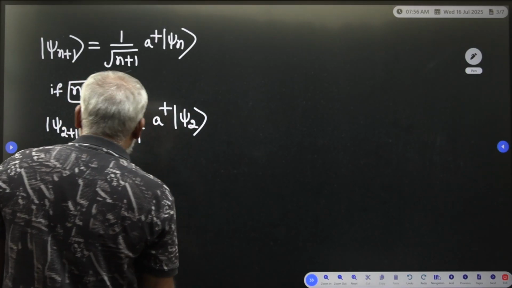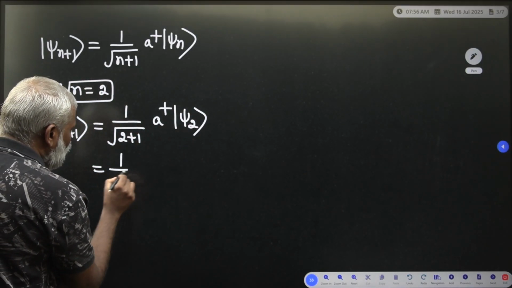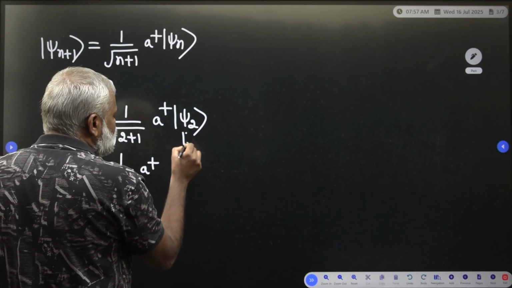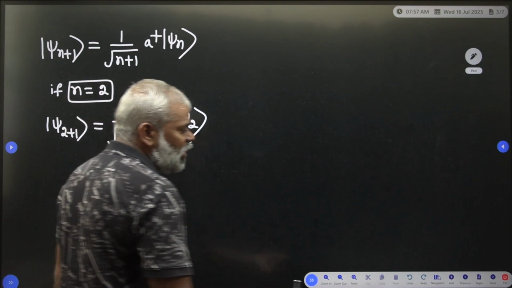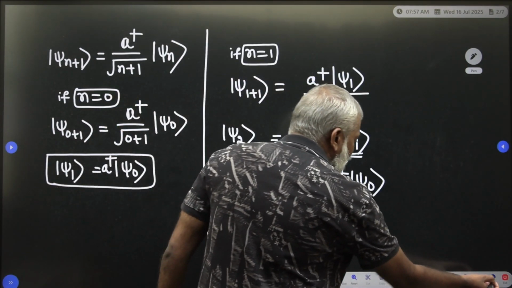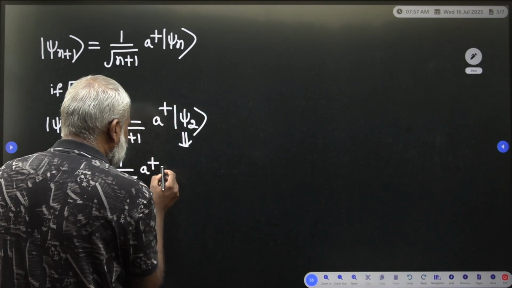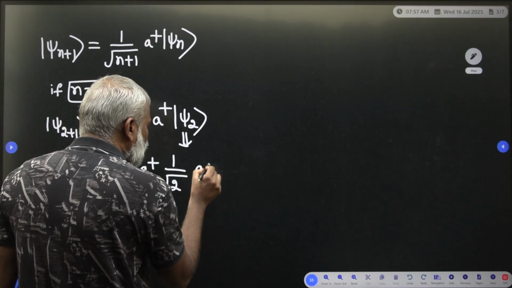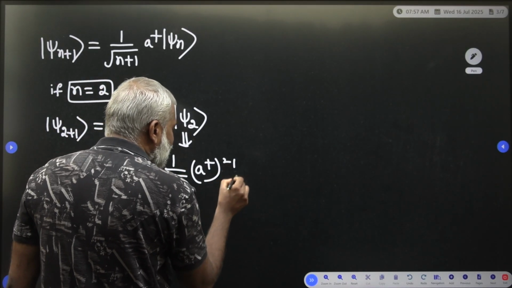Already we know from the previous discussion that psi 2 is 1 by root 2 into a dagger whole square into ket psi 0.